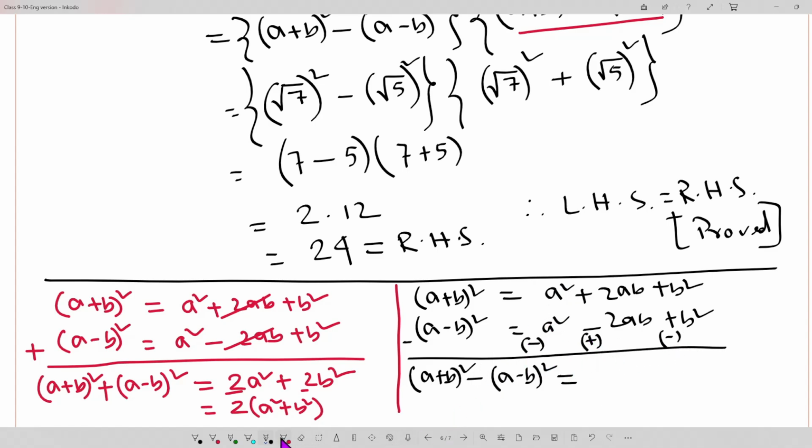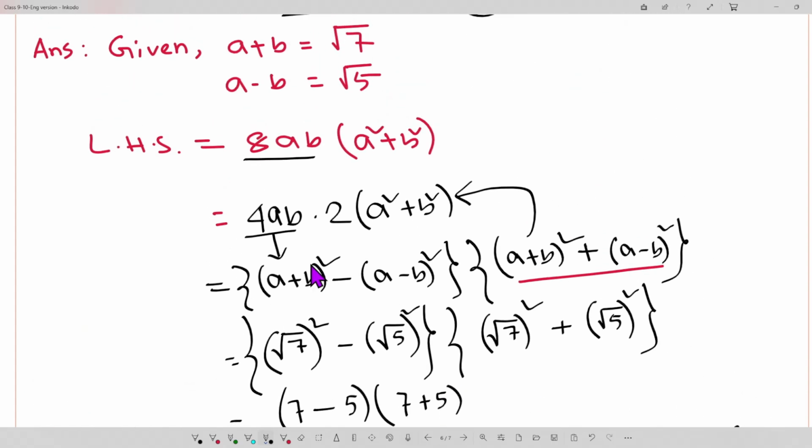So a square and minus a square cancel out, b square and minus b square cancel out, and here is only 2ab plus 2ab, it means 4ab. Now look, 4ab means (a plus b) whole square minus (a minus b) whole square. So here is this one.